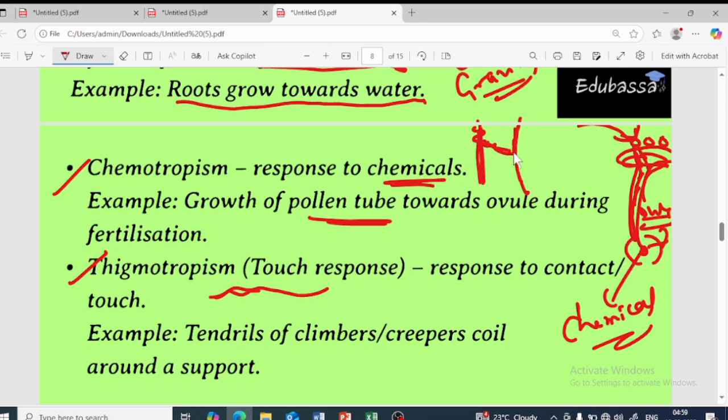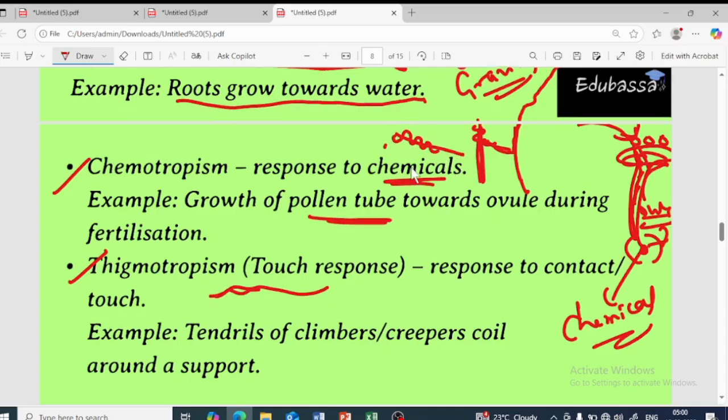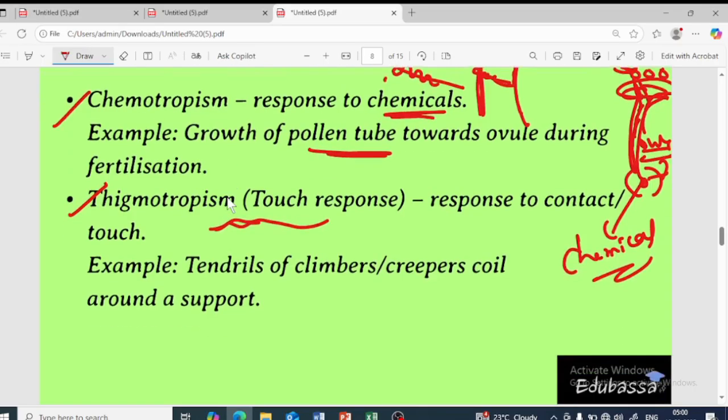But here the growth will be fast because it is not touching. So it will grow very fast. But here, since it is touching the stick, the growth is very slow. Since the growth is slow, it will encircle the stick like this, which results in climbers. So that is an example for thigmotropism. It is very sensitive to touch.